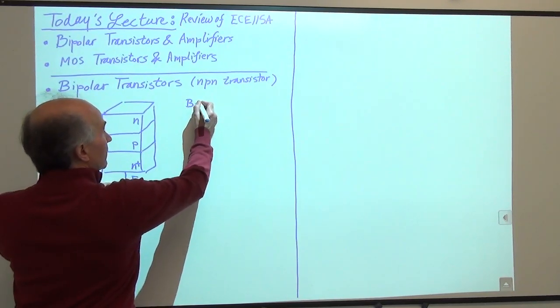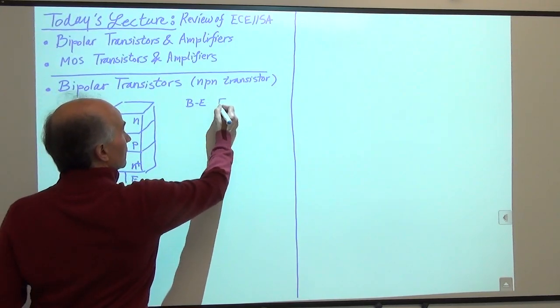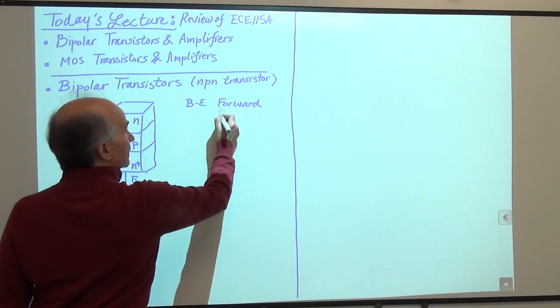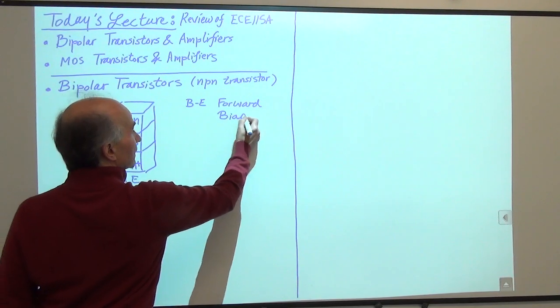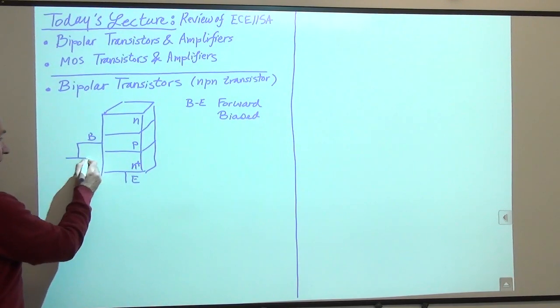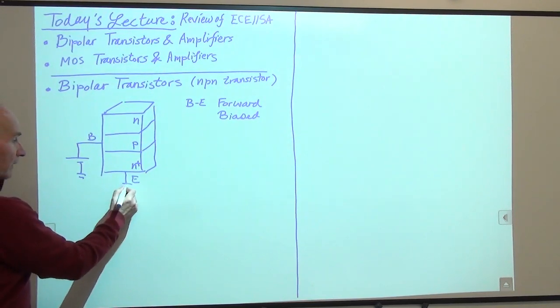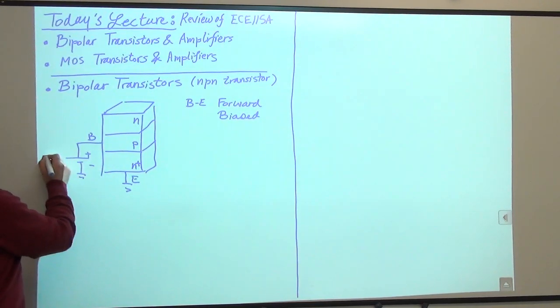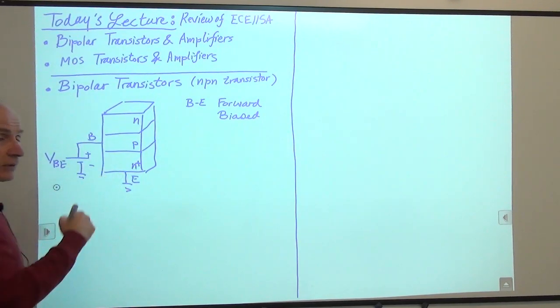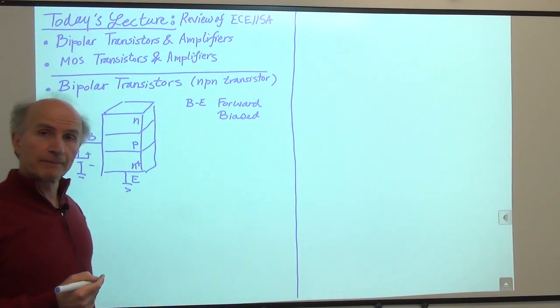So we say base emitter forward biased. So for example, we connect a battery here and connect the emitter to ground. So that provides some positive voltage across this diode and turns on the diode.